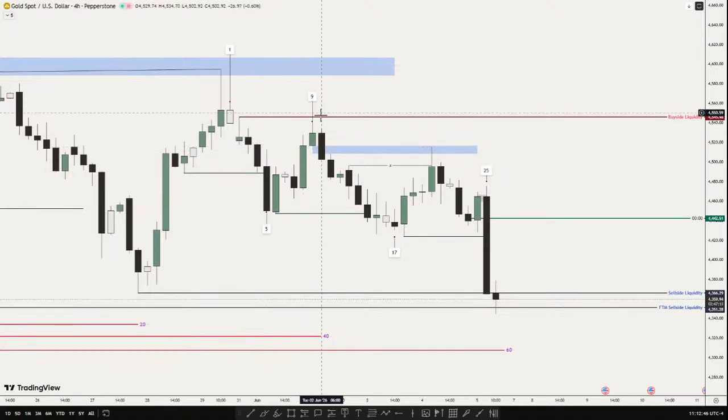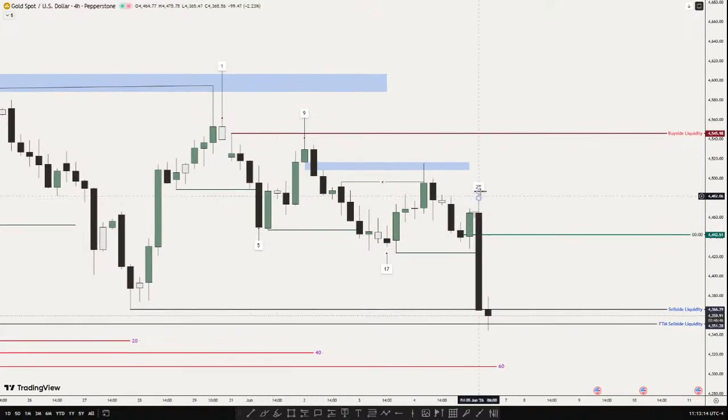After 5 it reversed, it retraced to the upside. 6, ignoring this inside bar, 7, 8, 9, this is the 9th candle. Then 10, 11, 12, 13, 14, 15, 16 inside bar. 16, 17, 18, 19, 20, this is inside bar, so this is 20, 21, 22, 23, 24, and 25.